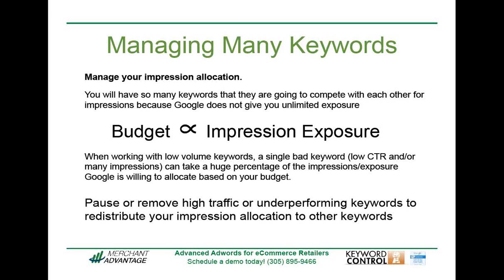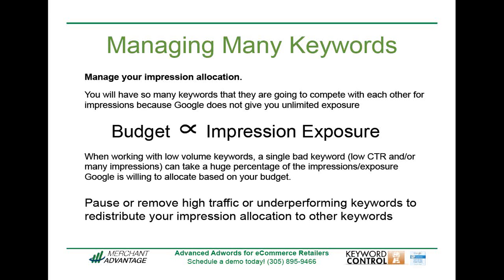The truth of the matter is that Google gives you essentially a certain amount of impression exposure or allocation that's relatively proportional to your budget. And what we really want to do is make sure that it's allocated effectively.